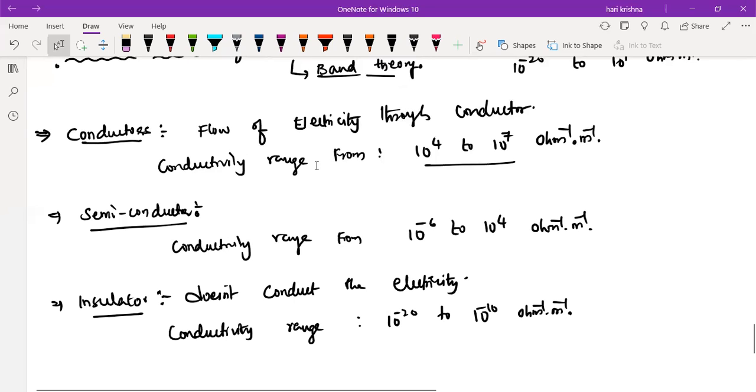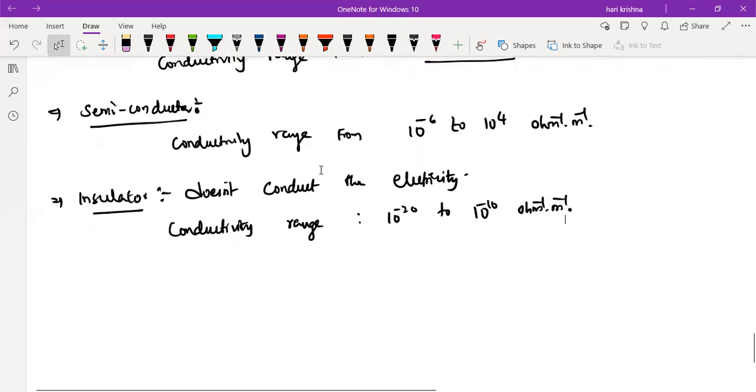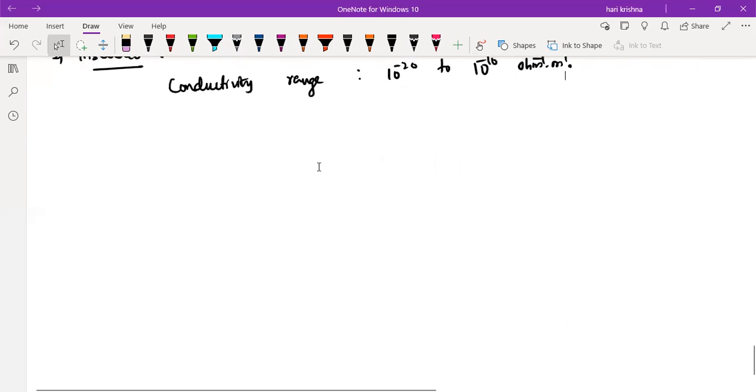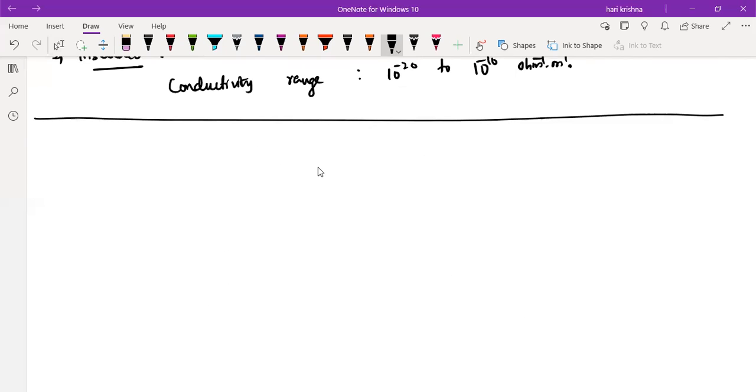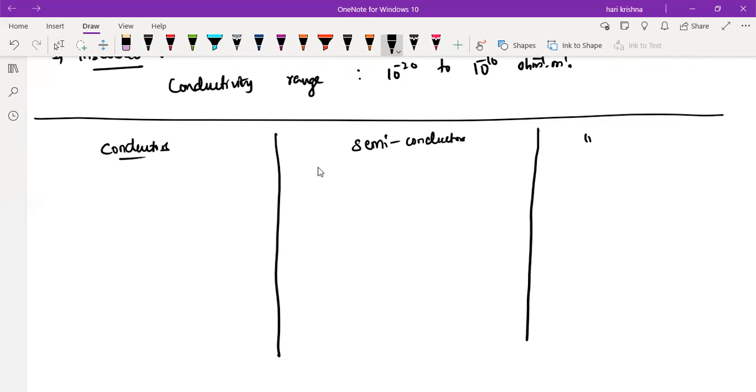Now we'll come back to this explanation about conductors, semiconductors, and insulators using the band theory. First we'll draw the conductors. Next, the semiconductors. The last one is the insulators.